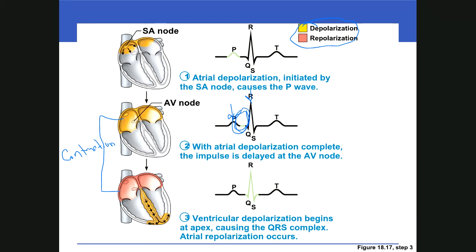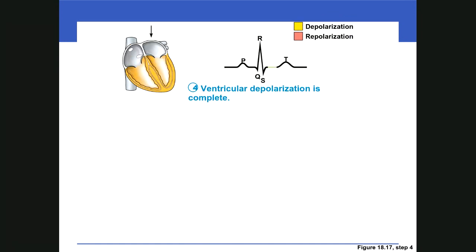And then remember the ventricles depolarize. And because of the position of this, they're going to depolarize from the bottom up, which means contraction is also going to happen from the bottom up. So if you look at where they are, here's depolarization. There's the beginning of repolarization.